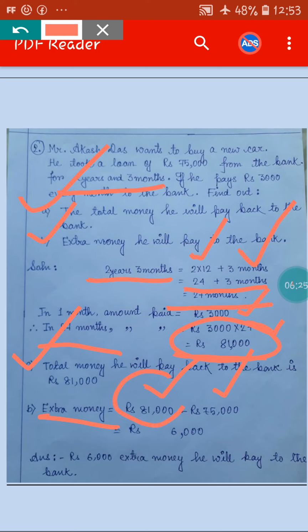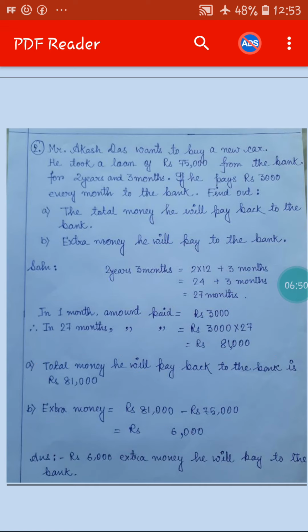Because 81,000 is the amount that Mr. Dash has given to the bank, and 75,000 is the amount that Mr. Dash has taken from the bank. So what is the extra money? Extra money is rupees 6,000. That means rupees 6,000 extra money he will pay back to the bank. For this sum also you will pause the video and you will take a screenshot and you will write the sum in your maths copy.